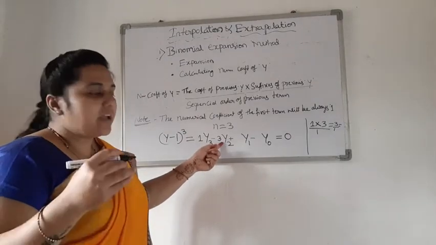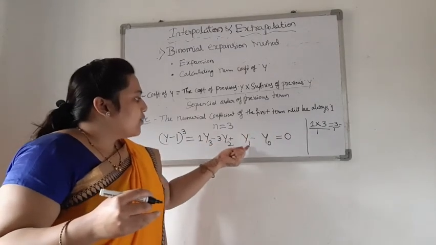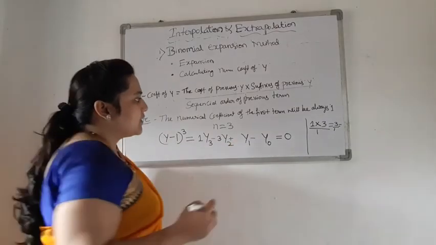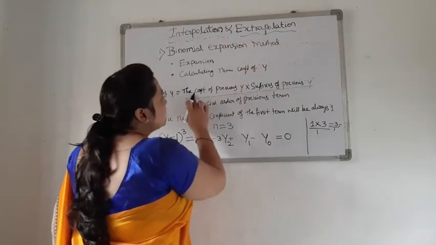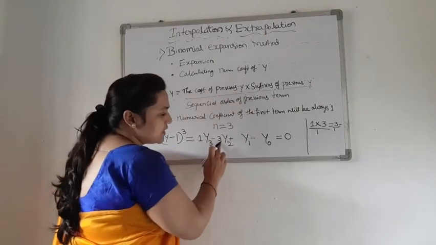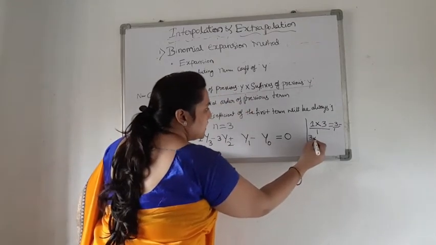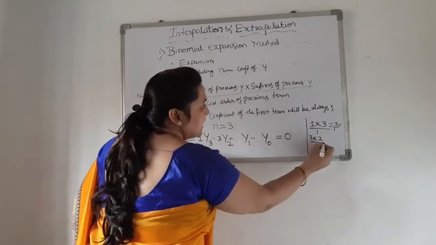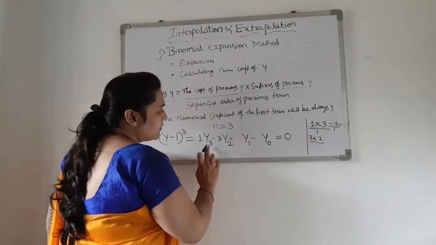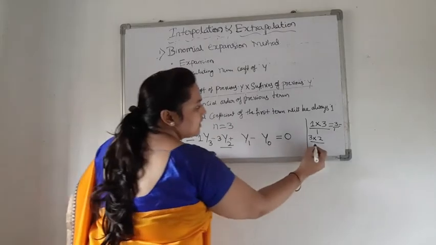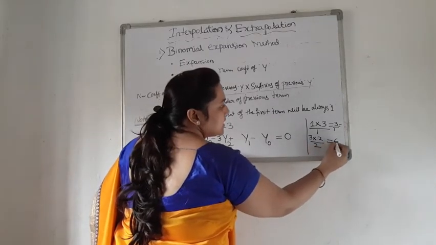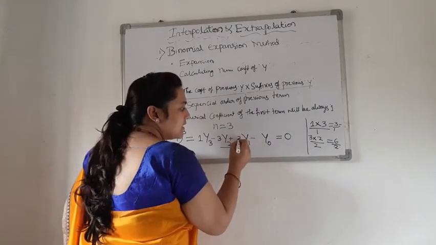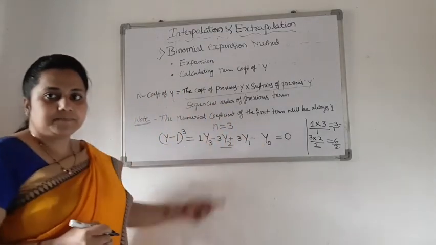In the same way we need to calculate the y1 numerical coefficient. See, the coefficient of previous y is how much? 3. 3 into the suffix of previous y, which is 2, divided by the sequential order of the term, first and second. Second, you have to write second. 3 2s are 6. 6 divided by 2 is 3. This 3 will be written here.